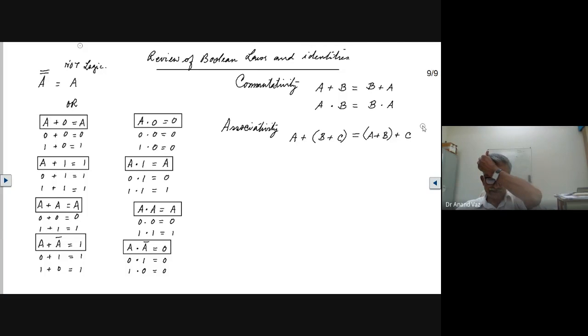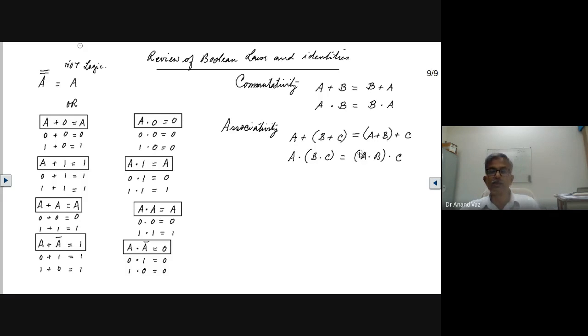And also A and B and C. This also can be done as A and B and C. So this is associating variables using the AND operator. So principle of associativity, law of associativity.